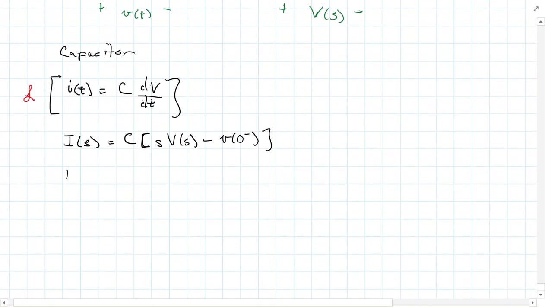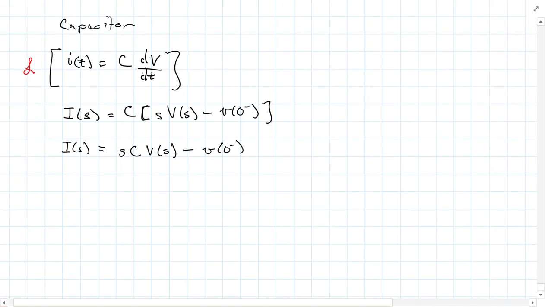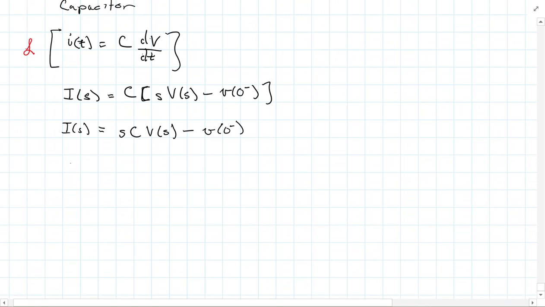And now we are going to do a tiny bit of rewriting of this. So this would be S times C V at S minus V at 0 minus. Now I'm going to rewrite this and solve for V at S. You might say, why am I solving for V at S? Well, let's look back here.